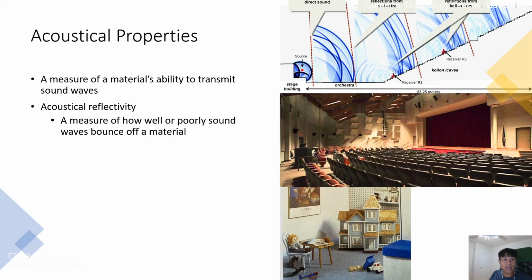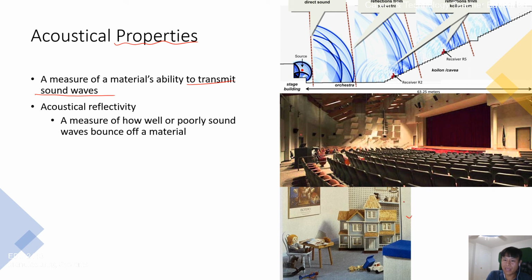I have a few slides, but I'll quickly move through this one. Acoustical properties. Each material has acoustical properties, which are a material's ability to transmit sound waves. In certain situations, we don't want to transmit sound waves, such as in this room.